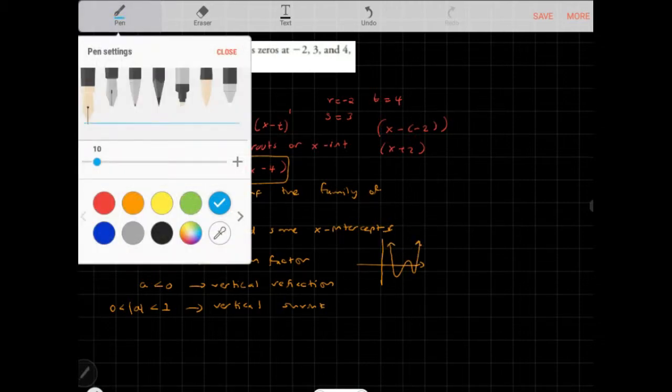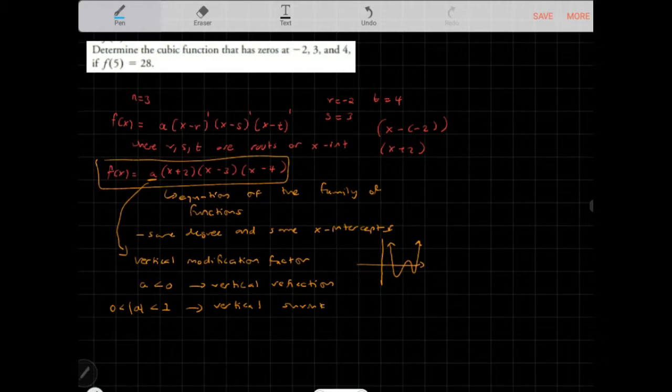Your reflection here is basically going to look something like this. But you'd have the same x-intercepts. I didn't draw this too well, but I think you get the idea. This would be negative f of x, and this would be f of x. I didn't draw the cubic function in this scenario, I just drew a quartic function, but you get the idea. You would apply the same notion, right?